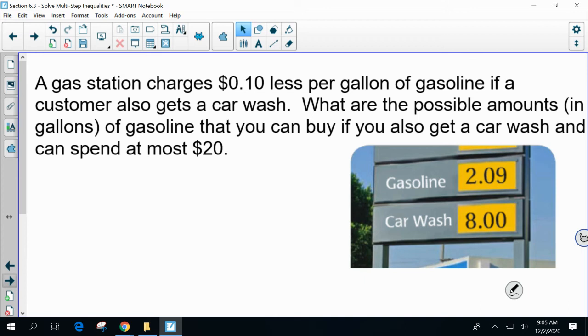And if you buy a car wash, it says you get 10 cents less per gallon. So 8 plus, and then we're going to have to take 10 cents off of 2.09 times my gallon of gas. And this has to be greater than or equal to or less than or equal to 20. Less than or equal to 20.